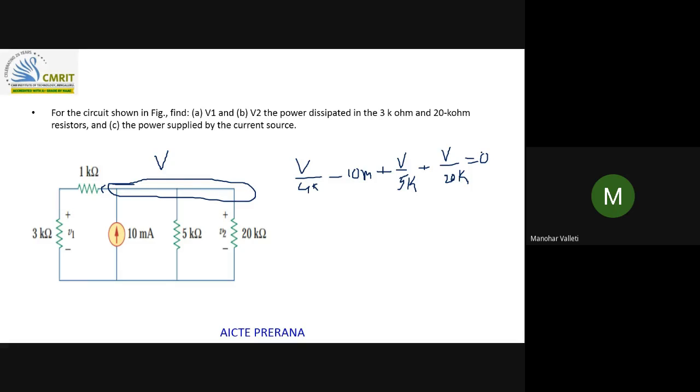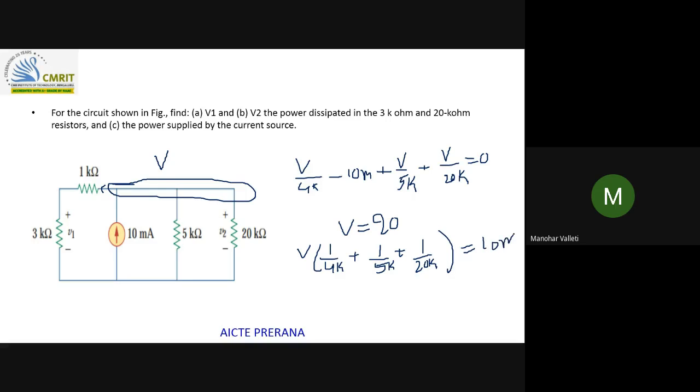So my friend is saying 20 volts. 20 milli. One minute, sir. So now see, V of 1 by 4K, 1 by 5K, 1 by 20K equal to 10 milli.